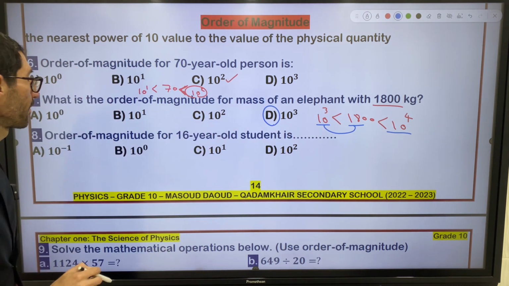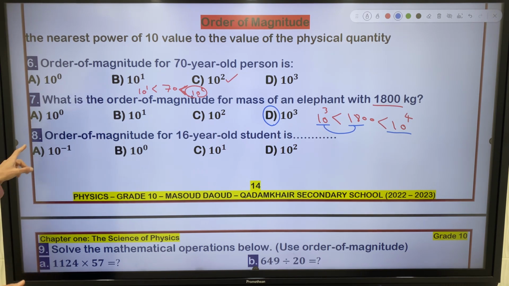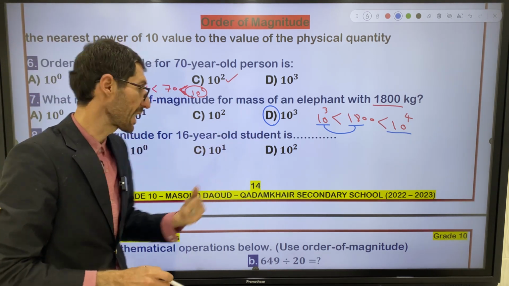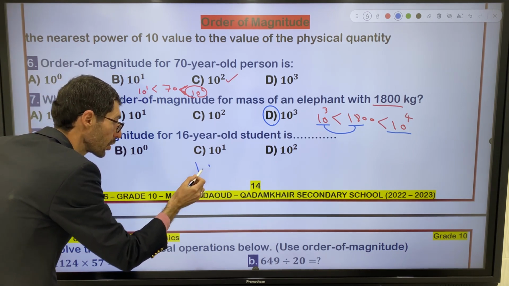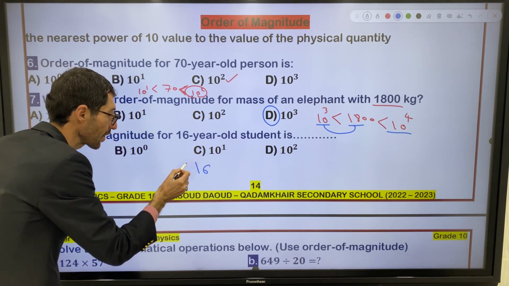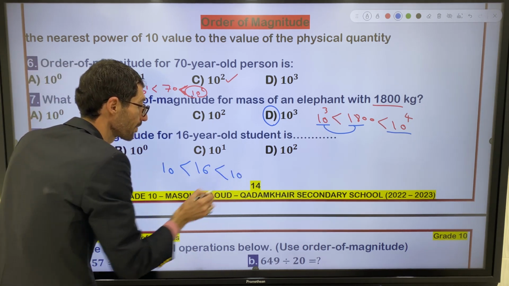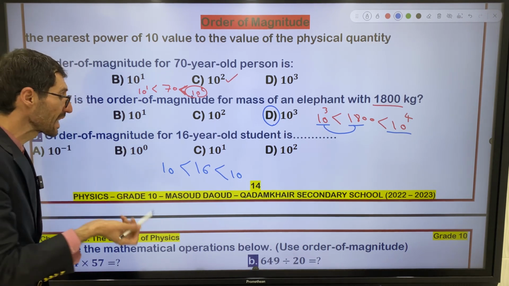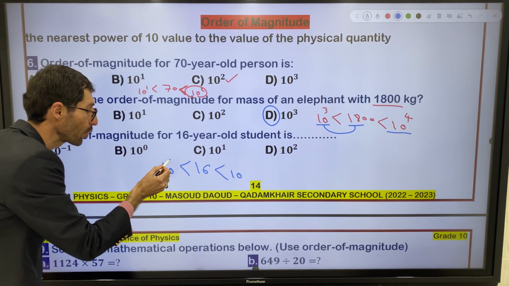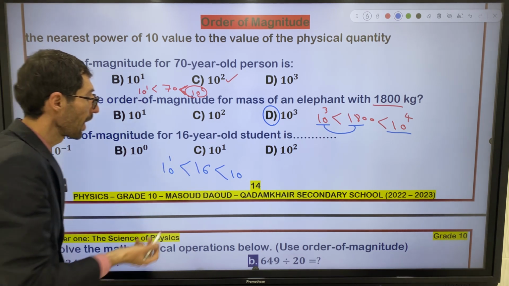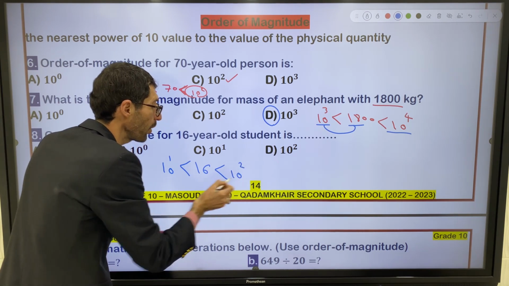This is the answer. The last question says: what is the order of magnitude for a 16-year-old student, 16? Let me write it here. 16 is greater than 10 to the power what? And it is less than 10 to the power what? So 16 is greater than 10 to the power 1, but it's less than 10 to the power 2.